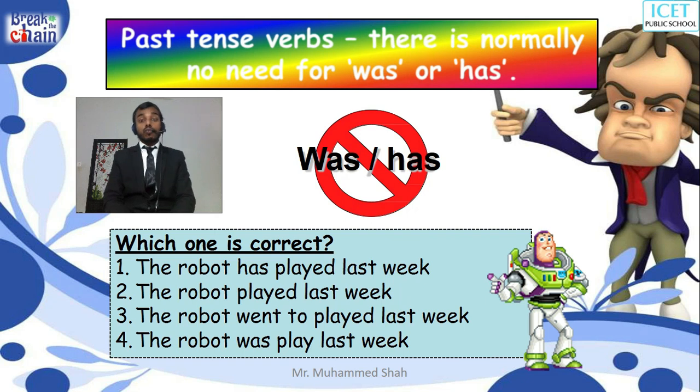The robot was play last week is also wrong, because to make it past we don't use was like that. So the second one only: the robot has played last week, wrong. Simple past tense you can use in a simple way. The robot played last week, like that.